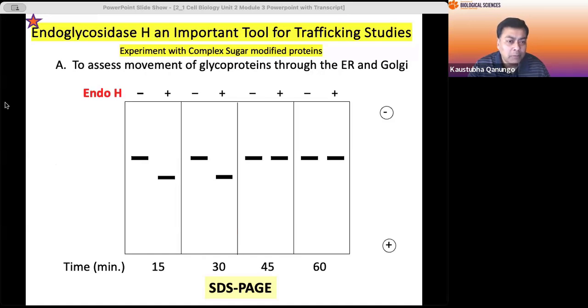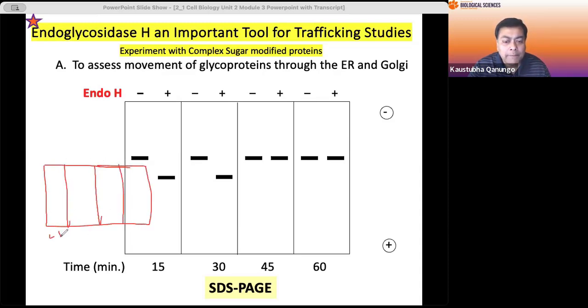So I'm just going to draw it out. Here, think about it, this will be the panel, the same thing, and the time points and everything is the same. So we have 15, 30, 45, 60. And now suppose the bands, this is your protein A from the previous data set 1.